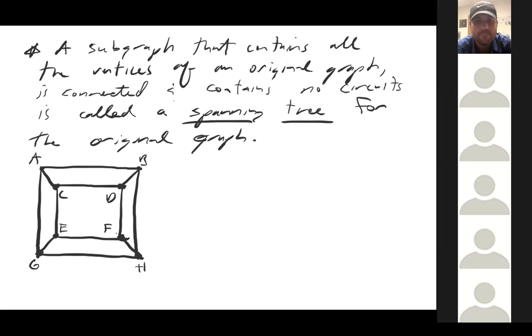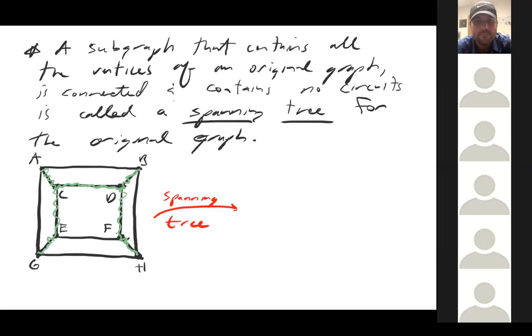But if I want to find a spanning tree for this graph, I need to find a subgraph that hits all the vertices A, B, C, D, E, F, G, and H, but is a tree, meaning it doesn't have any circuits and it is still connected. So for example, if I traced it out in green, I could go that one, this one, that one, this one, that one, maybe here and down there.